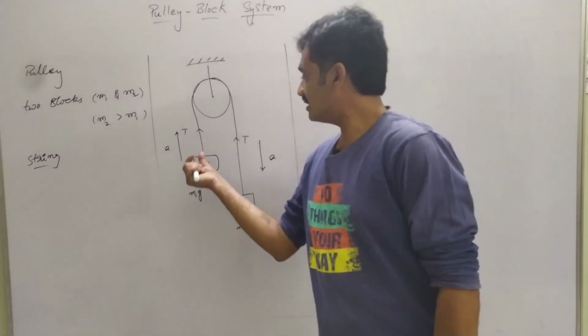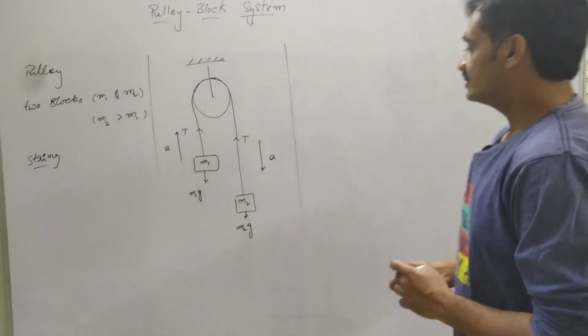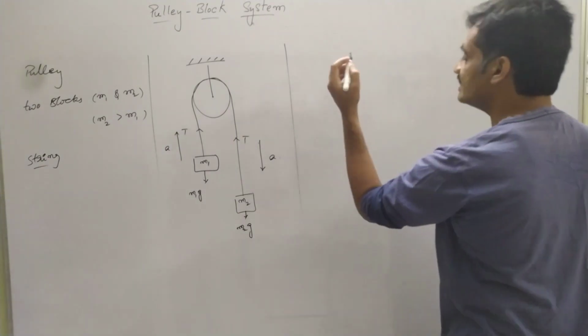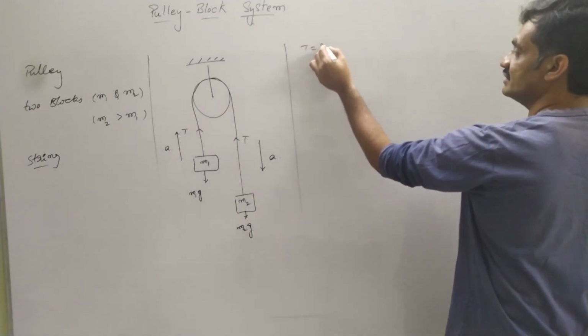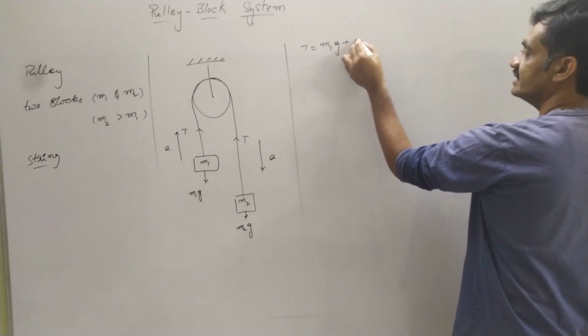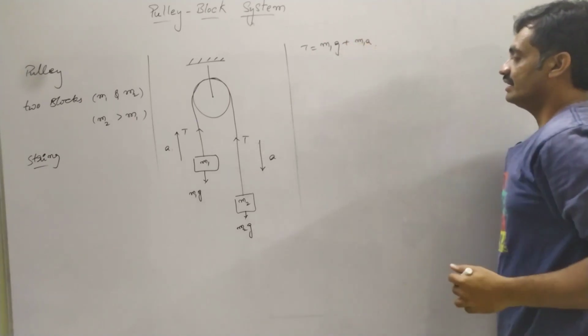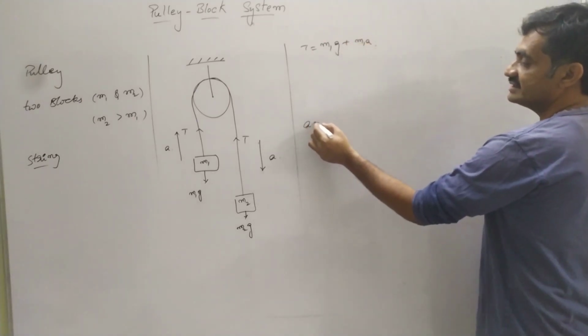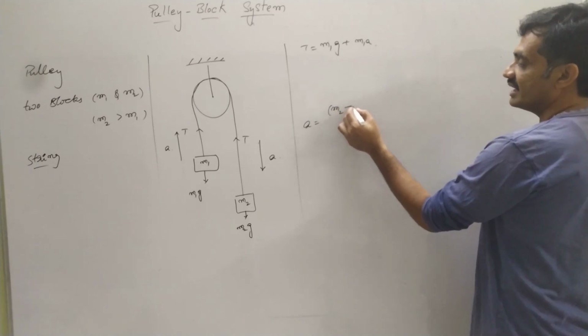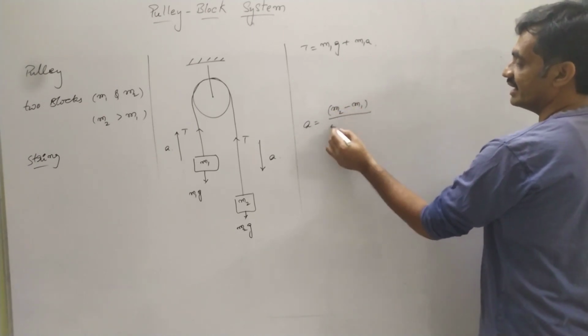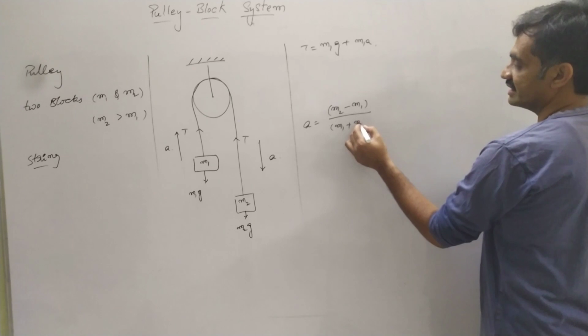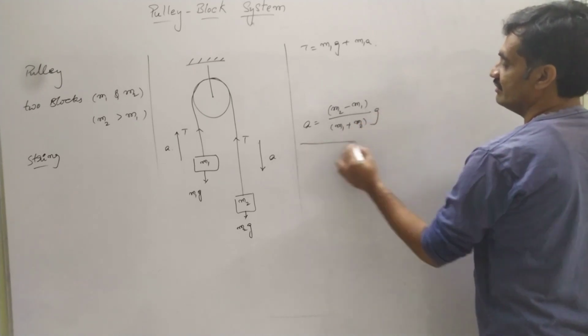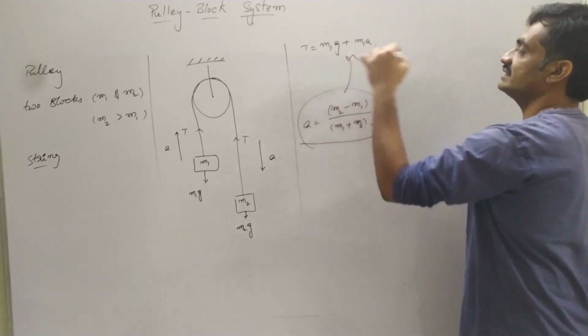Now I have to derive the equation for tension. So in order to derive this tension, previously we had seen that T is equal to m1g plus m1a. Now we had derived a is equal to (m2 minus m1) by (m1 plus m2) into g. We have to substitute this value in this equation.